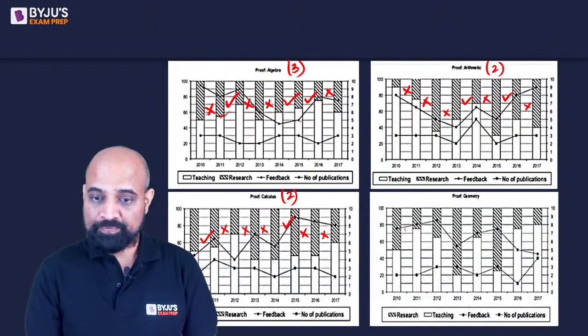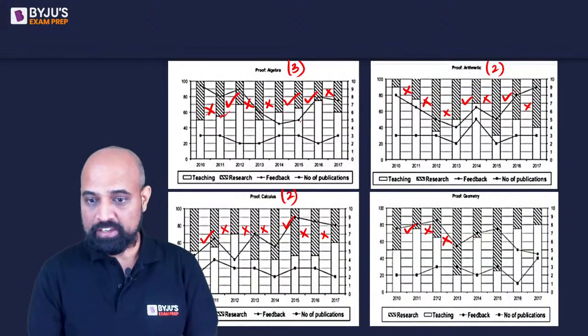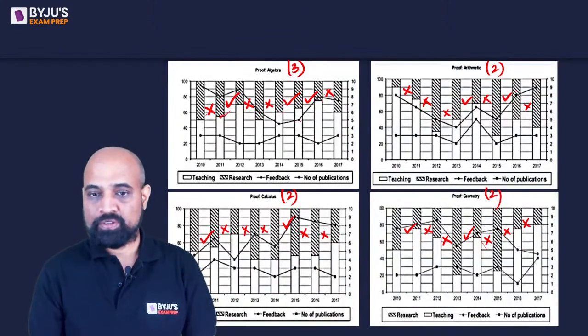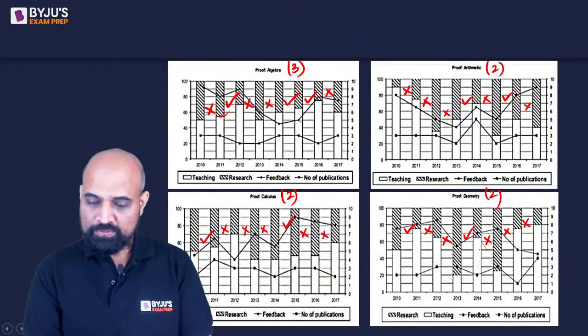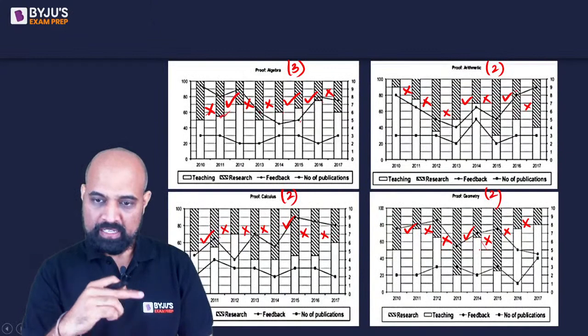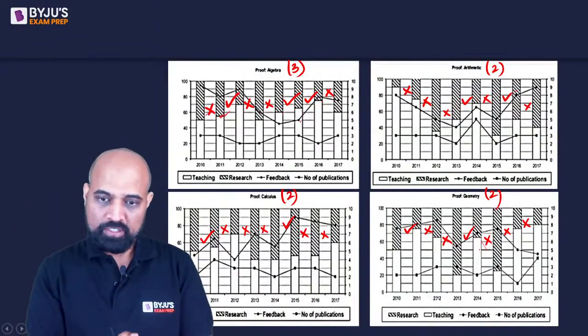For geometry, we can take this. Next one, effort increase, effort increase, effort decrease, feedback increase, effort बढ़ गया, effort कम हुआ, ये कम हो गया, और इधर में effort कम हुआ, feedback कम हो गया. So we have 2 over here, right? Let's verify. Effort कम होना चाहिए, so bar length should decrease, and feedback as in the line should go upwards.